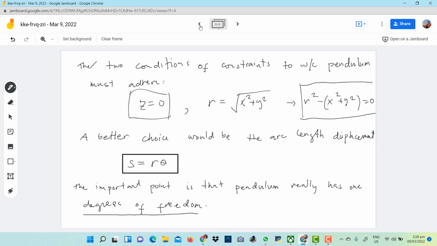Take note, the mass is in 3 dimensional space. So when we say 3 dimensions, it has 3 degrees of freedom. Generally the mass has 3 degrees of freedom.